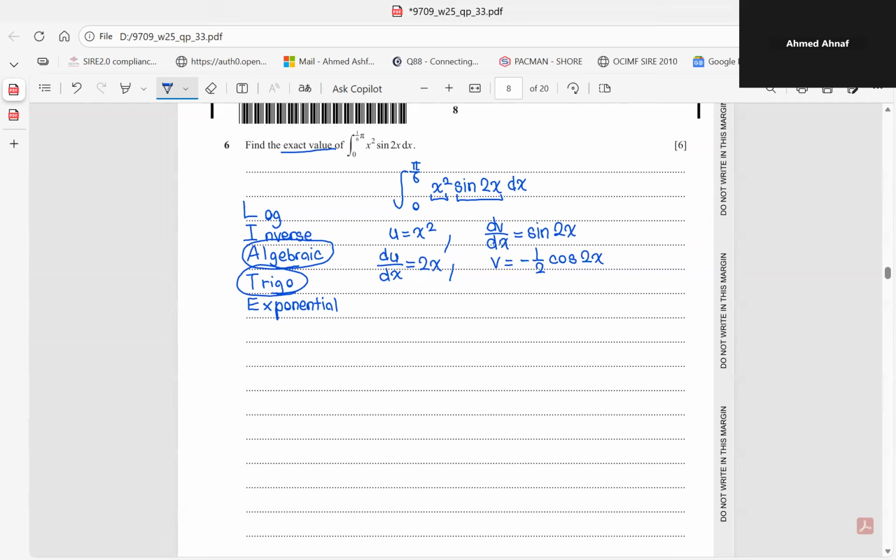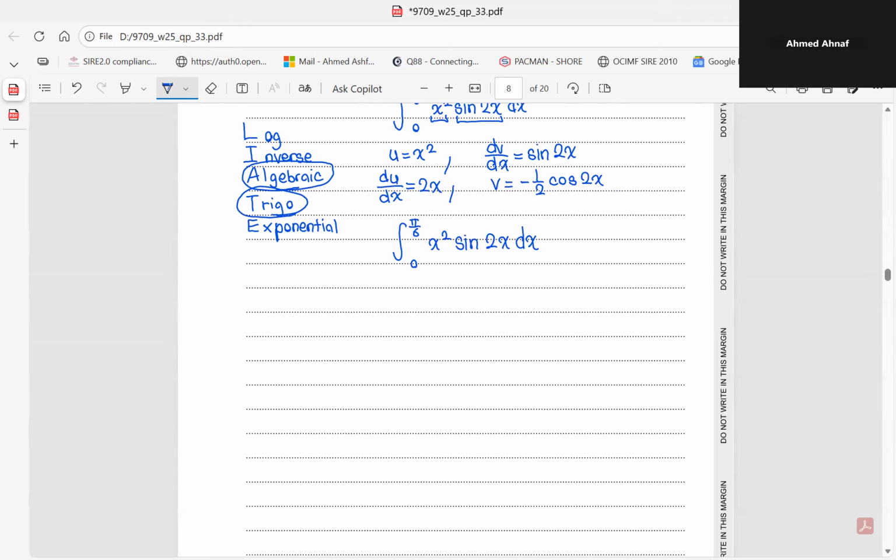Okay, so let's begin. For this integral, I have a feeling we need to do integration by parts twice. You multiply u and v first. Don't forget to plug in your limits later.